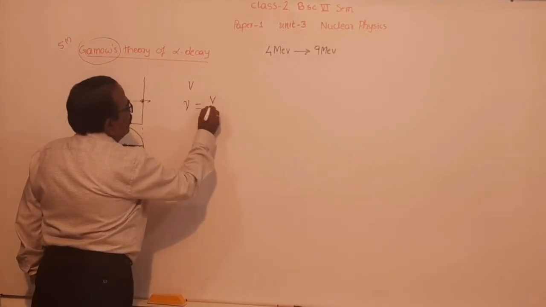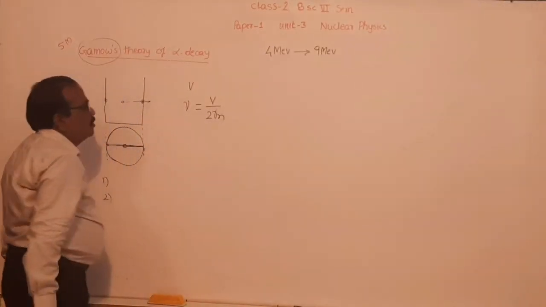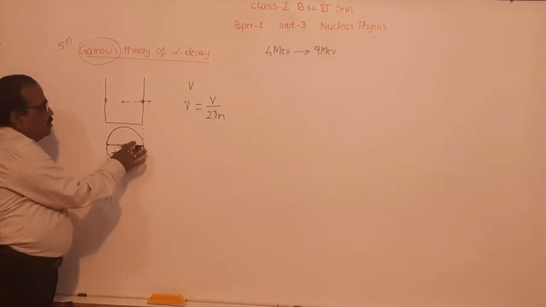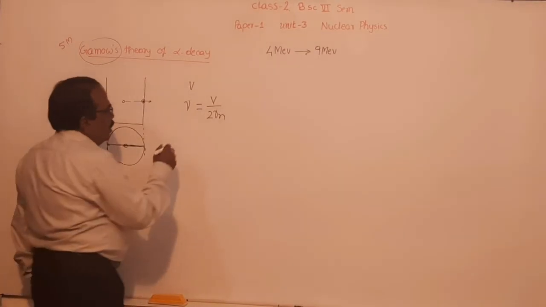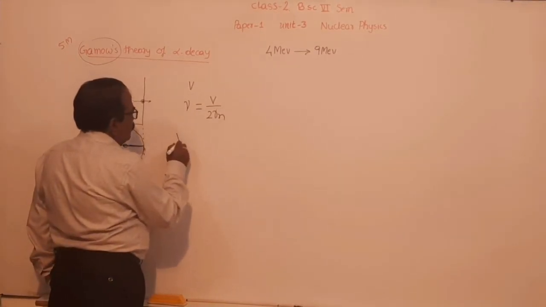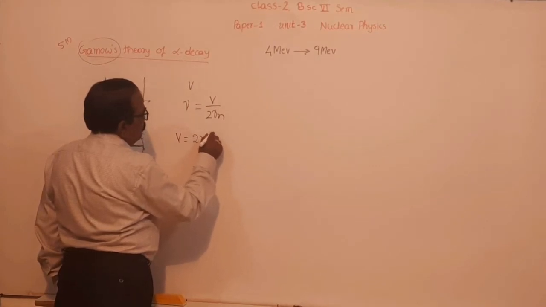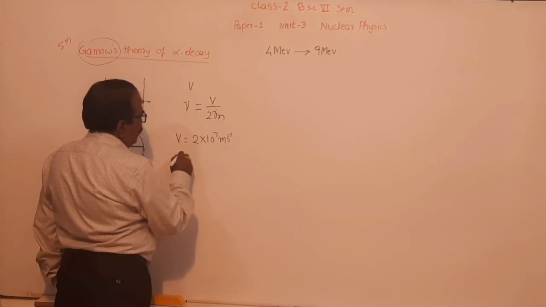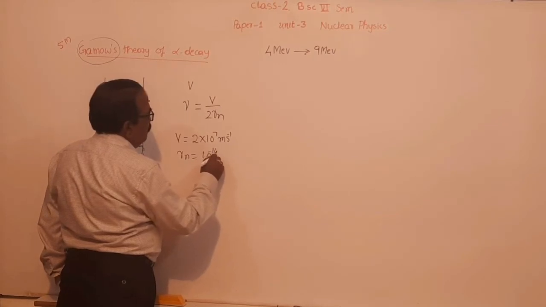v upon 2Rn. So what is this Rn? Rn is the radius of this nucleus. And here v is 2 into 10 raised to 7 meter per second, and Rn is 10 raised to minus 14 meter.